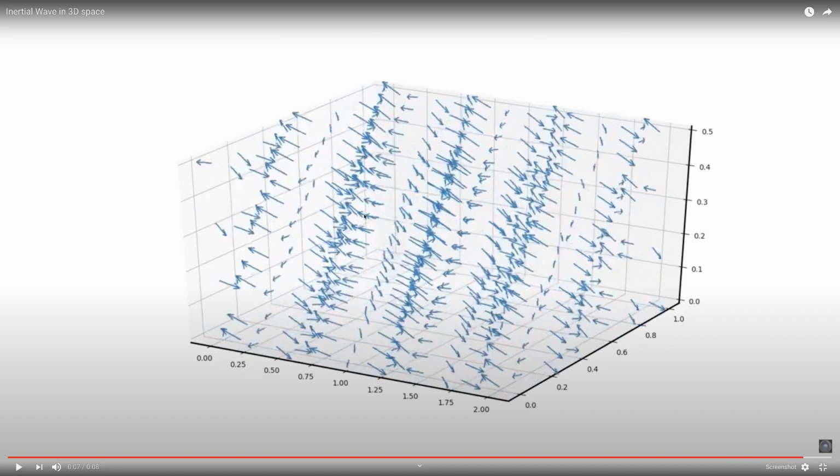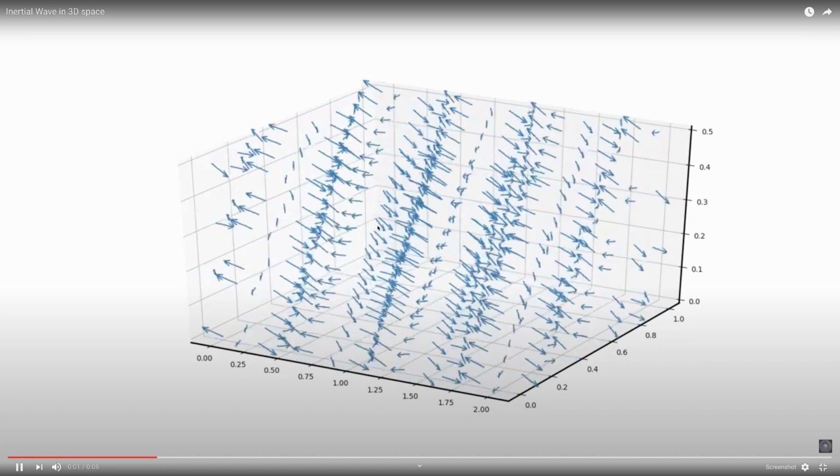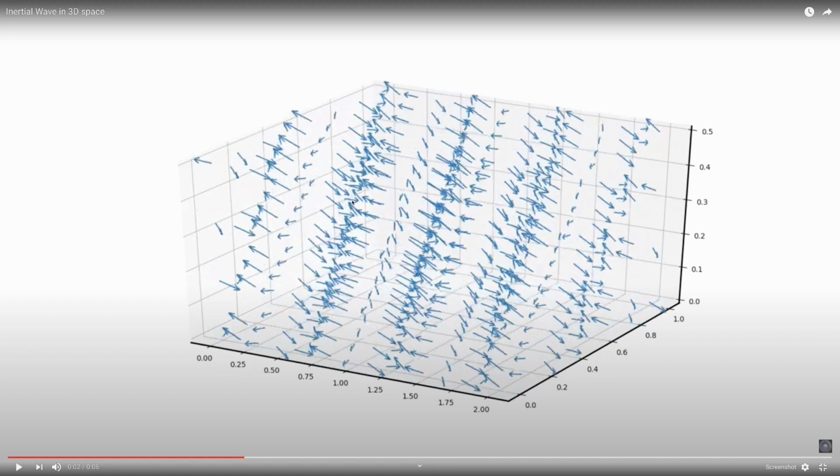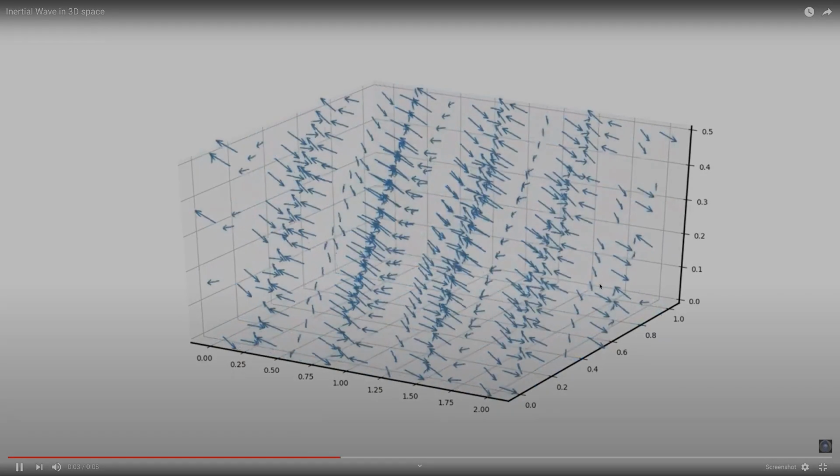When these arrows face this way, these arrows face this way, and after a while it's the other way around. So you can see these arrows are going round, and these arrows are following them, and then these arrows follow them, and so on. So there's a wave-like thing going in this direction as well, and that's the group velocity. The phase velocity is going this way, and the group velocity is going that way. That's the strange thing about inertial waves.